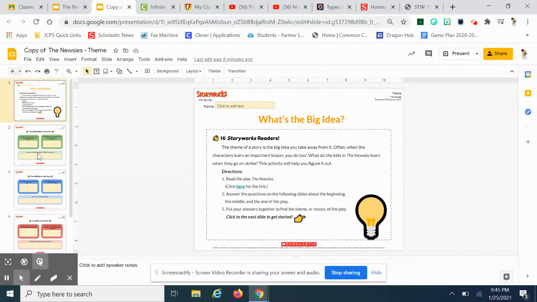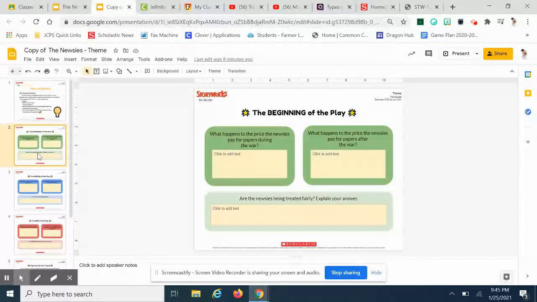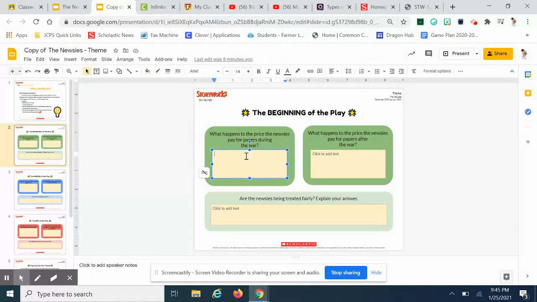So I'm just going to click over here on to slide 2. All right, so what happened at the beginning of the play? So the first question says, what happens to the price the Newsies pay for paper during the war? So I'm going to click in this box. So if you remember at the beginning, the price the Newsies have to pay for the paper goes up. They had to pay 60 cents for 100 papers instead of 50 cents. So that's what I'm going to type here.